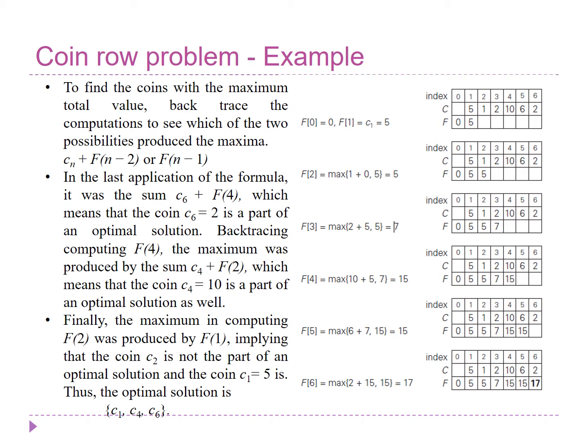Finally, the maximum in computing f of 2 was produced by f of 1, implying that the coin c suffix 2 is not part of an optimal solution and the coin c suffix 1 equals 5 is part of the solution. Thus, the optimal solution to the coin-row problem is the set c suffix 1, c suffix 4 and c suffix 6.